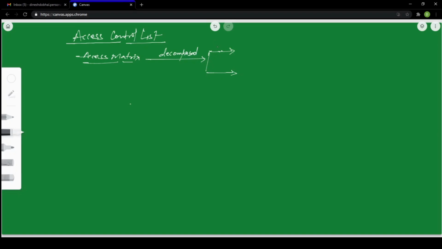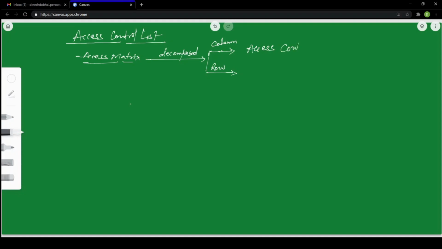The first way is, it can be decomposed by columns, or it can be decomposed by row. If it is decomposed by column, then it is called as access control list.